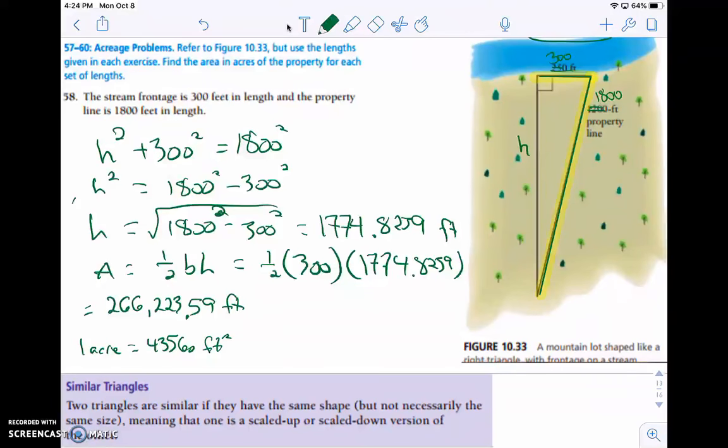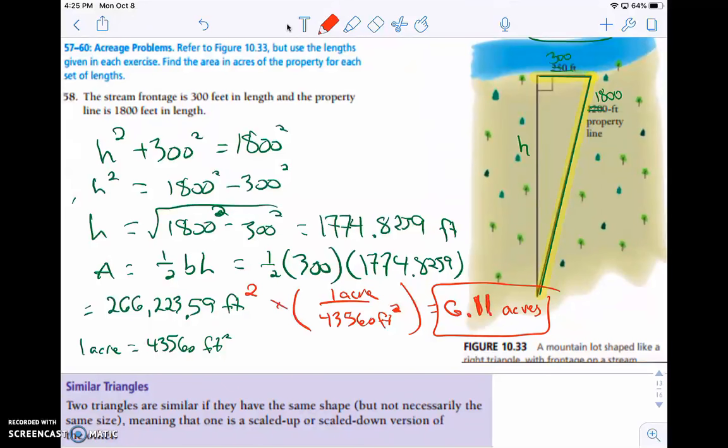And so to change our dimensions from square feet to acreage, we're going to multiply it by 1 acre for every 43,560 square feet. And I get roughly 6.11 acres. So 6.11 acres is the approximate size of that property on the mountain side.